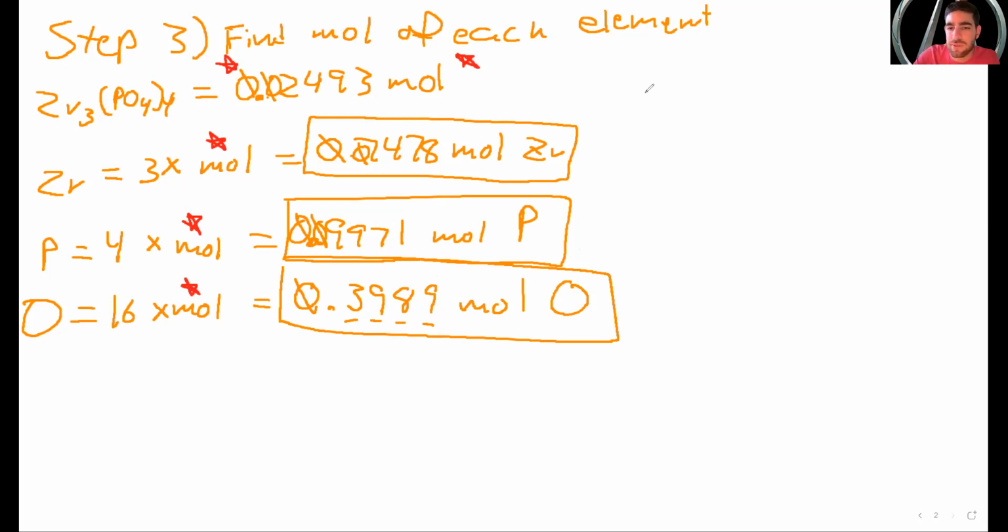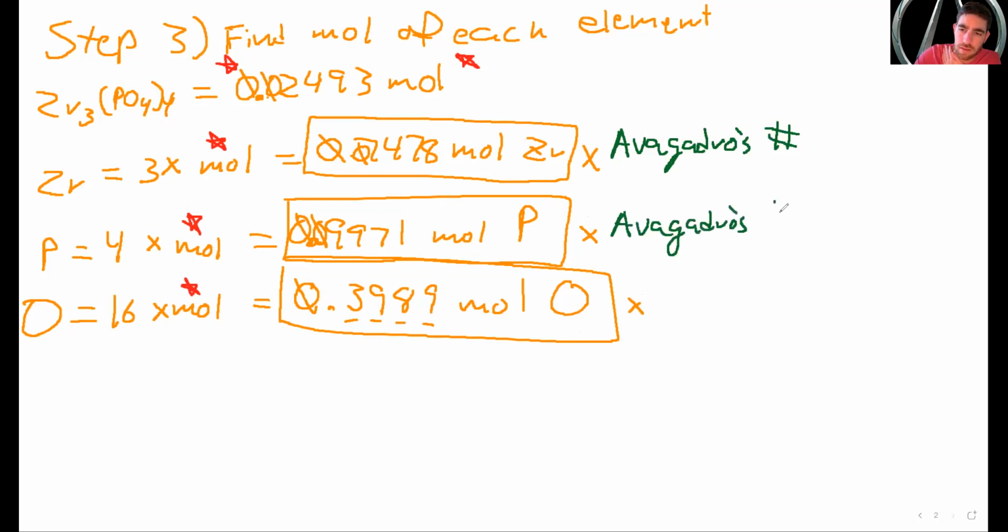And so we need to multiply these by Avogadro's number in order to figure out how many atoms are in each. And so remember, we're going to multiply each of these answers by the number of atoms. We'll do this in dark green. So remember, we want Avogadro's number. And so I want you guys, for the next 10 seconds, you can pause the video.